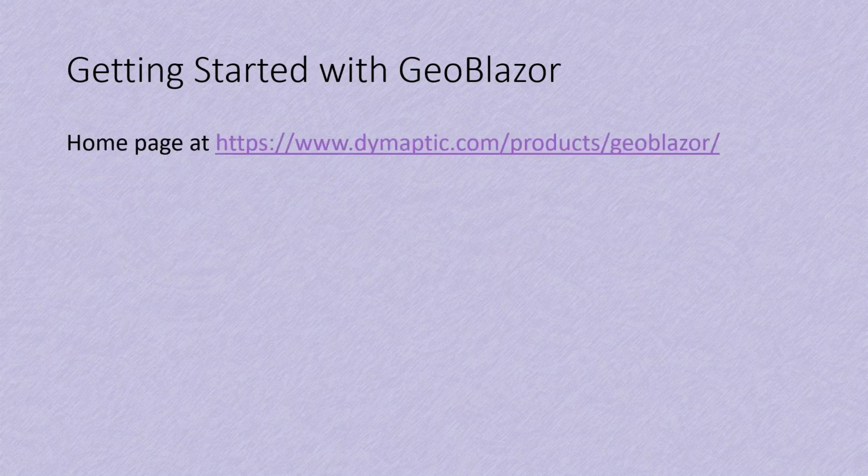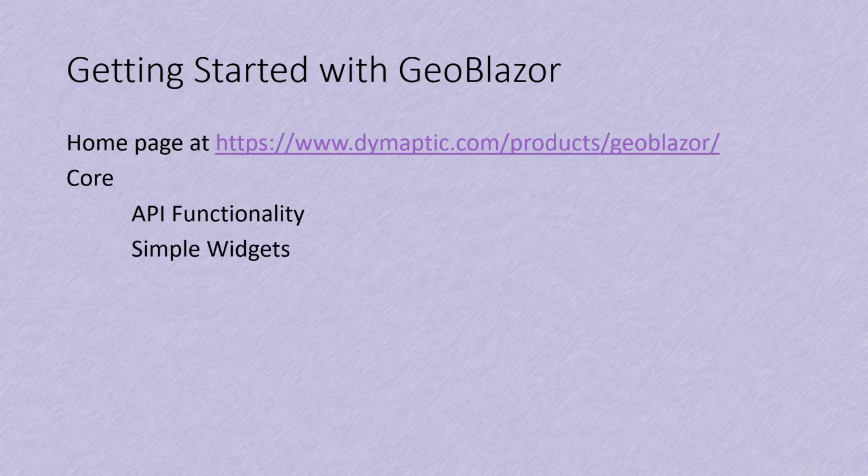So how do you get started? Their homepage is at dymaptic.com/products/GeoBlazor. With the core product, you get the API functionality, you get simple widgets. A widget in GeoBlazor terms is like a control up here on the map for zooming in, zooming out, or a compass. That would be a simple widget.